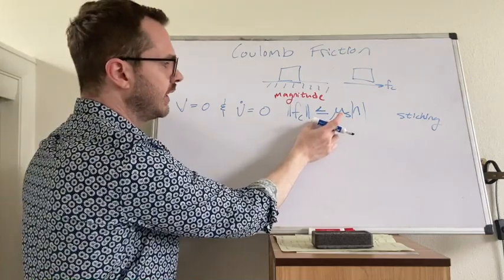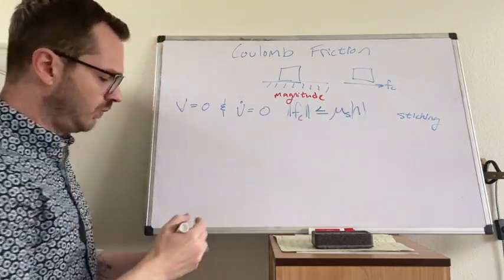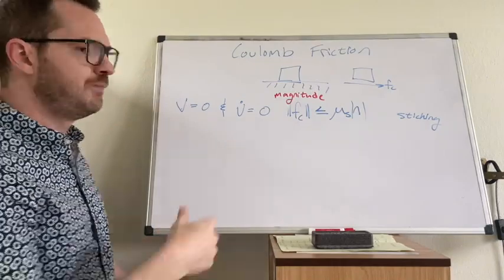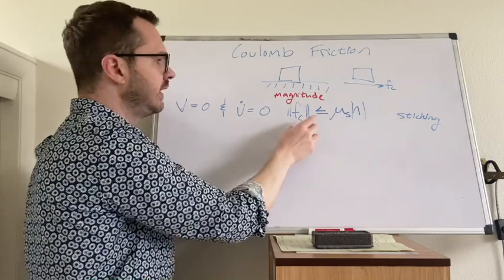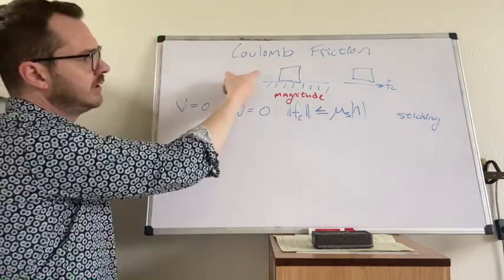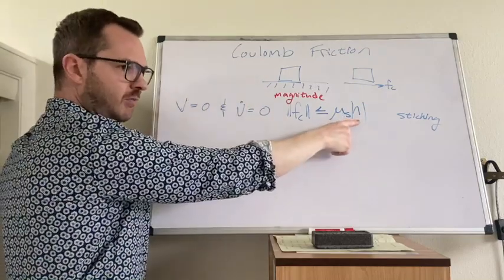Notice that it's an inequality, right? Right now, it's less than or equal to this magnitude. Why is it an inequality? You might have seen it in the past where you just write equals, right? And this is just equal to this. Well, here's the block, and the block is resting on a surface, which means it has a normal force.